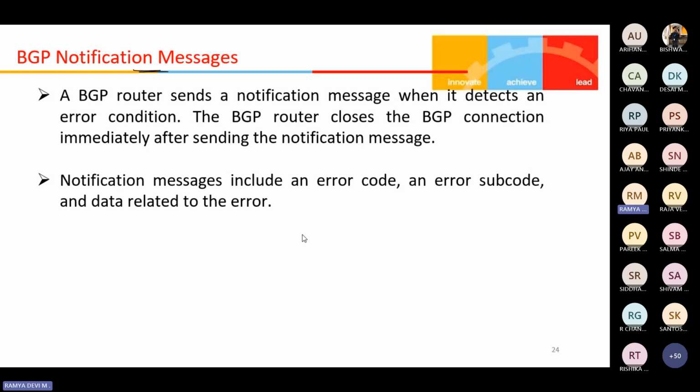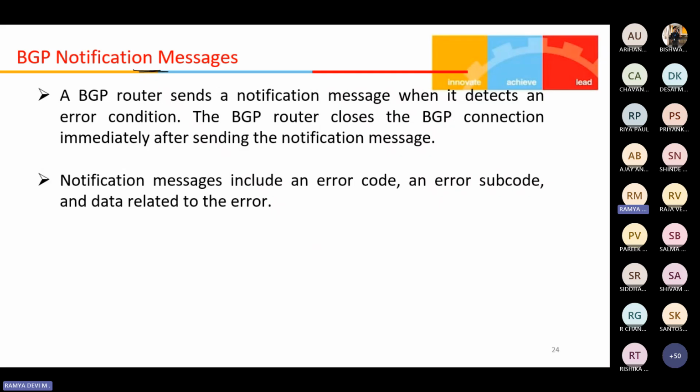What is the purpose of the open message? To establish a connection. Keepalive is to maintain the connection. Update is only for sharing the update of the path; one update will have one path. If multiple paths have to be updated, multiple update messages have to be sent.